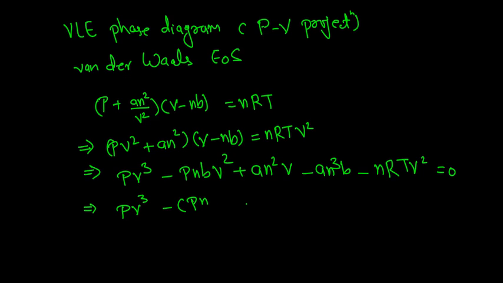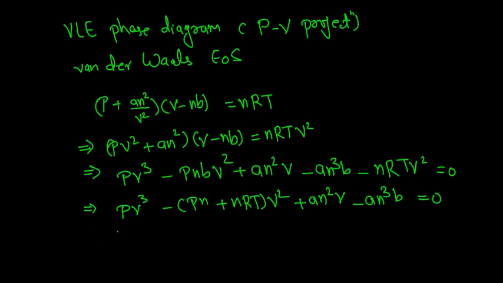This can be rearranged as PV cubed minus (Pnb plus nRT) times V squared plus a n squared V minus a n cubed b equals 0. So this is an equation of state expressing the relationship between P, V, n and T such that the coefficients are multiplied by powers of volume.